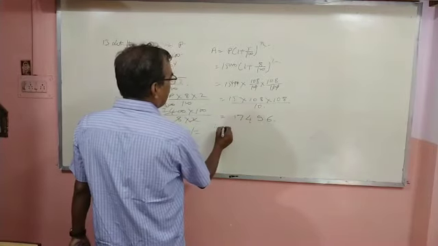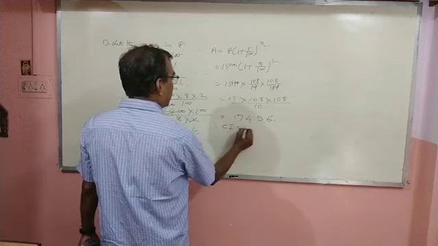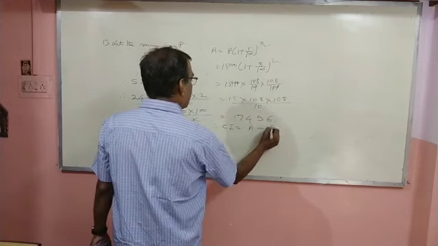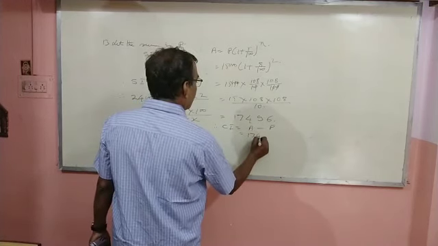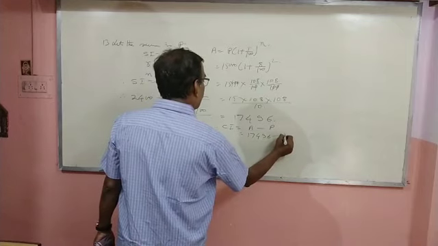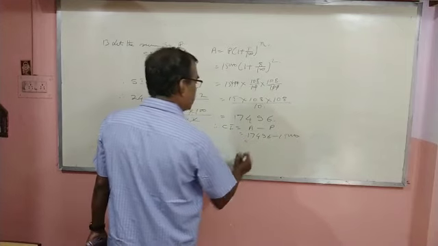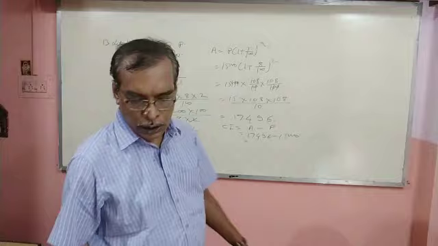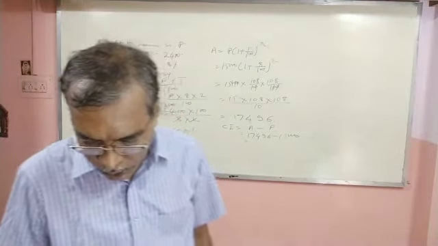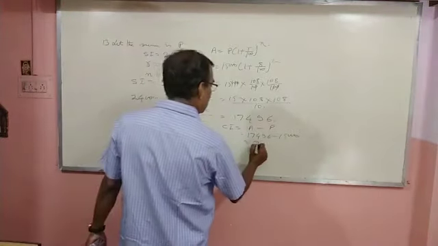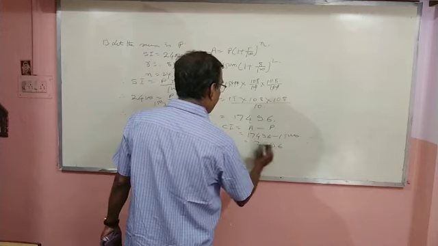So therefore compound interest will be equal to amount minus principal, which is equal to 17,496 minus 15,000, the principal, which I feel will come as 2496.